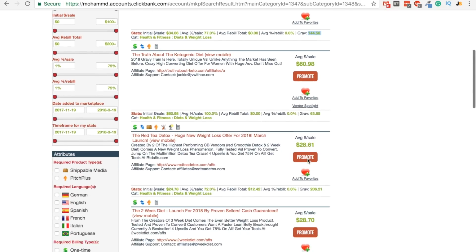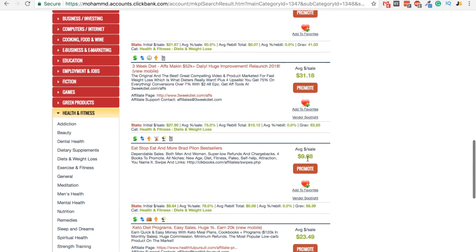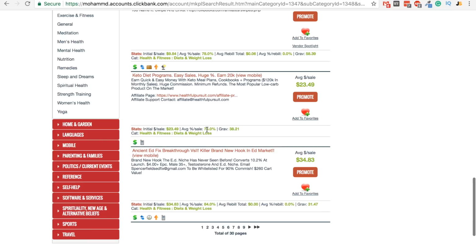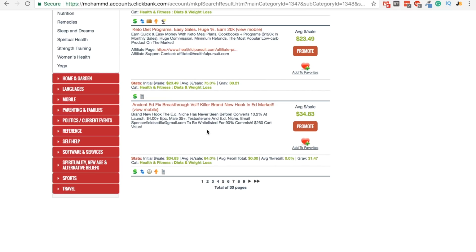For example, if a product has a low gravity, and low for that niche, that's very important, because some niches, for example photography, you're not going to find a product that has a gravity of over 20 or 25. That's okay. You have to see what's the top gravity in that niche, and then you calibrate your gravity thing based on the maximum gravity you can find.